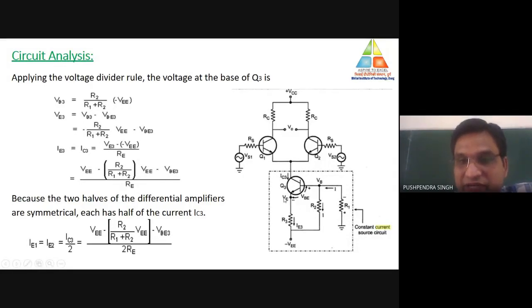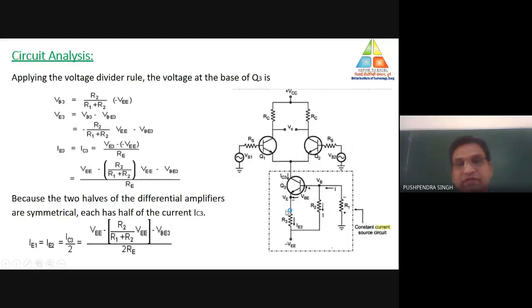Actually, I want to calculate here the value of VE3. And for calculating VE3, I am coming down from this side. First of all, I am going to calculate the value of VB3. Then from this VB3, I will subtract the base to emitter voltage VBE3. Then from there we may calculate the value of VE3.